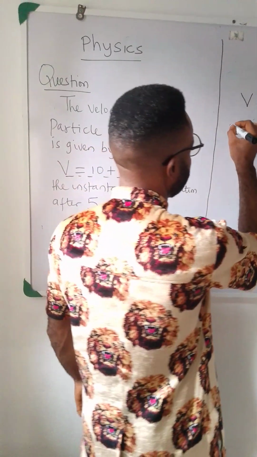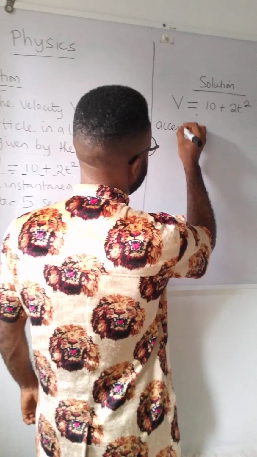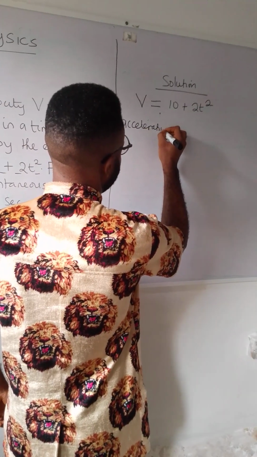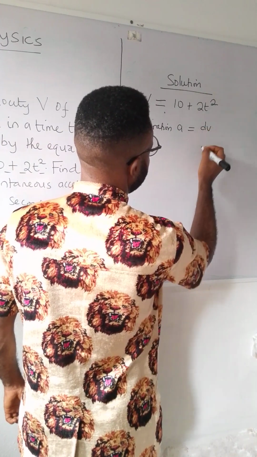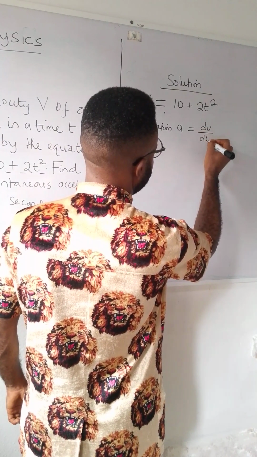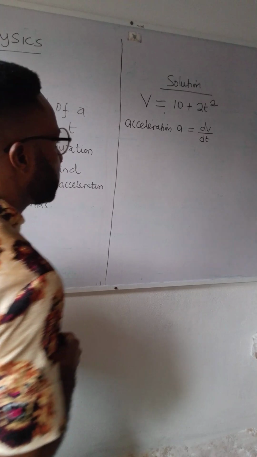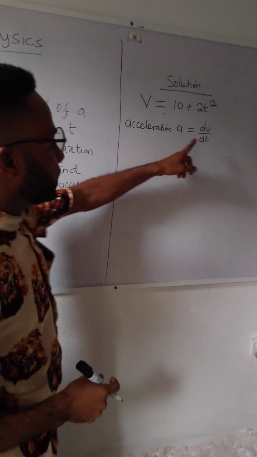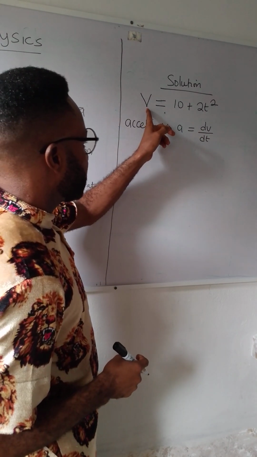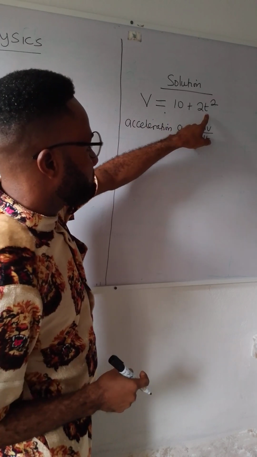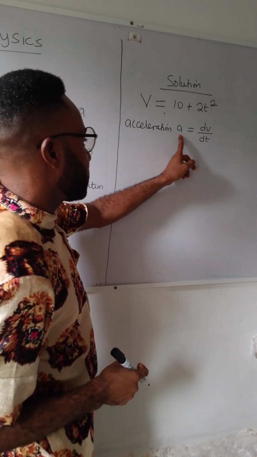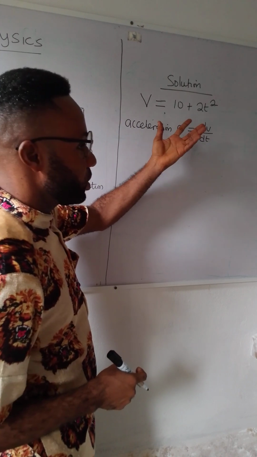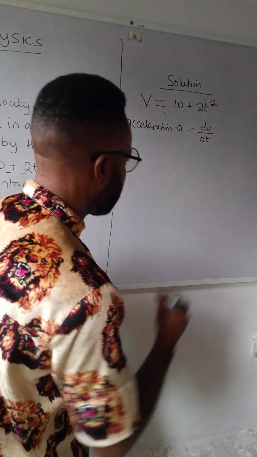So we can say that acceleration a equal to change in velocity all over change in time. And so this implies that we have to differentiate velocity with respect to time in order to determine our instantaneous acceleration. So we are going to be applying differentiation.